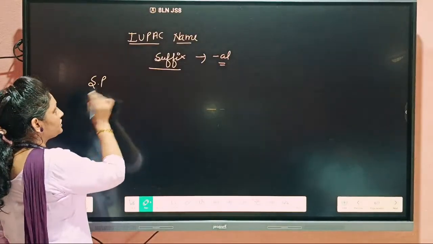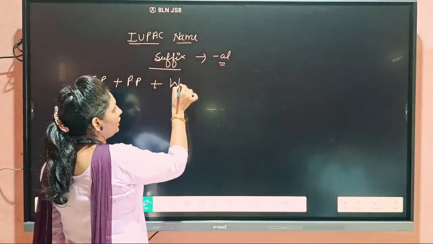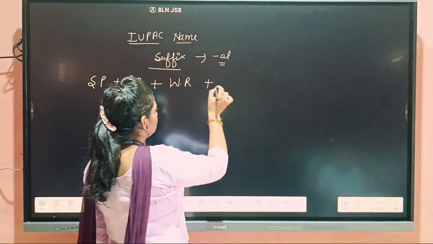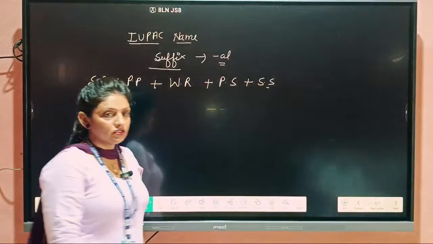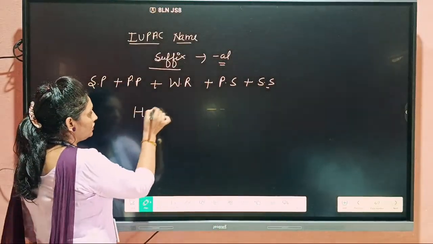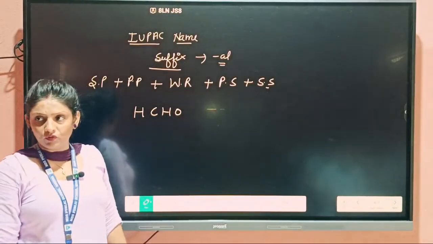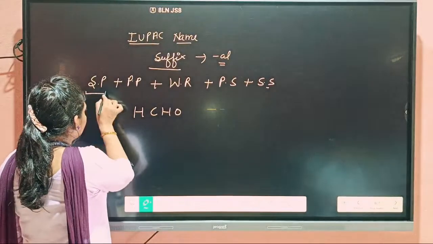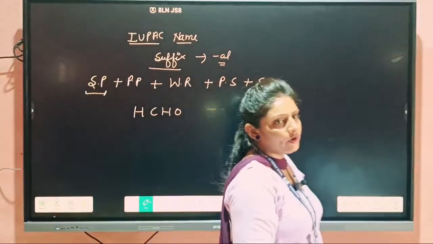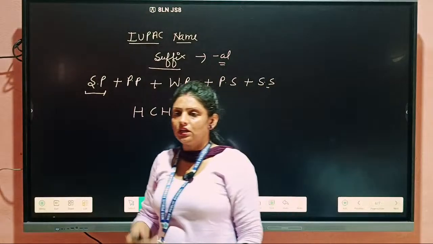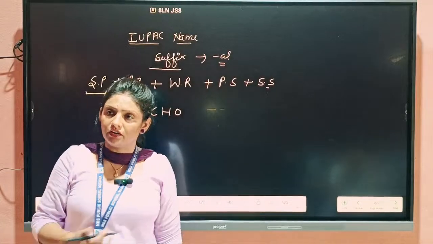First of all, we will write secondary prefix, then primary prefix, then we will use word root, then primary suffix, and then secondary suffix. So for example, if we have this one, its common name is formaldehyde. But what is the IUPAC name for this? Here, no secondary prefix. Secondary prefixes like halo, meaning chloro, bromo, iodo, methyl, methoxy, meaning all alkyl groups and alkoxy groups, are considered as the secondary prefix.